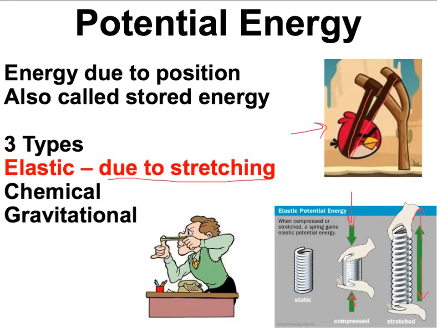So when you move that spring to its stretched or compressed position, energy is being put into that spring and it can do work. And here's another example with a rubber band. When the rubber band is stretched, it gains energy and can do work, shoot something or shoot across the room.